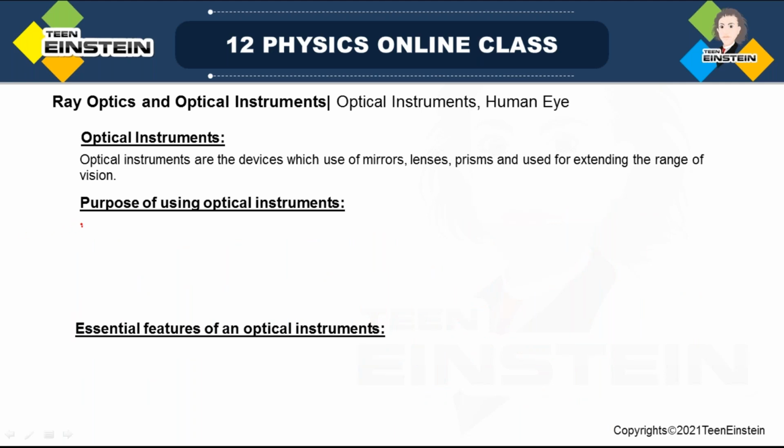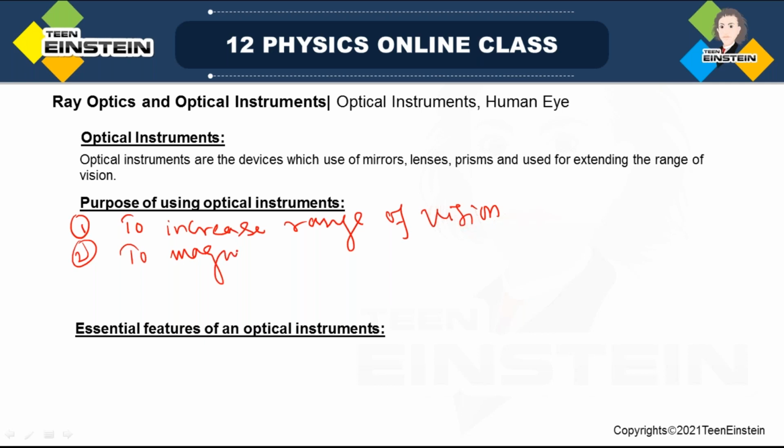Let me just repeat this: to increase the range of vision, to magnify, and third, to increase the resolving power.